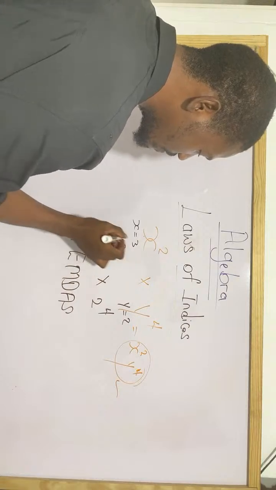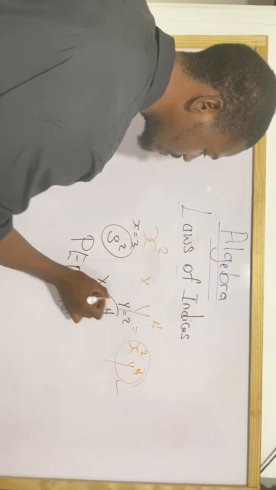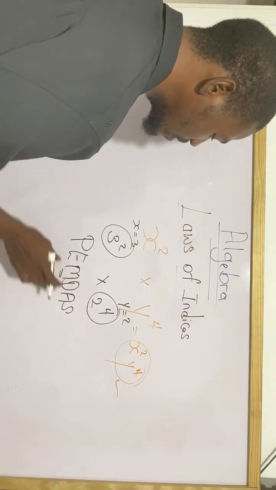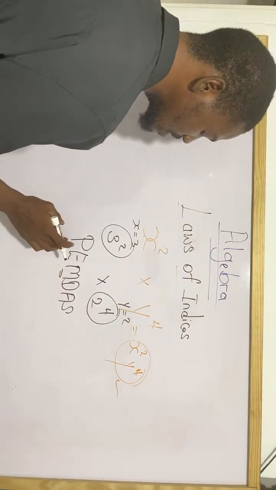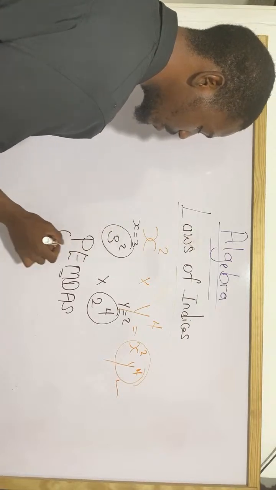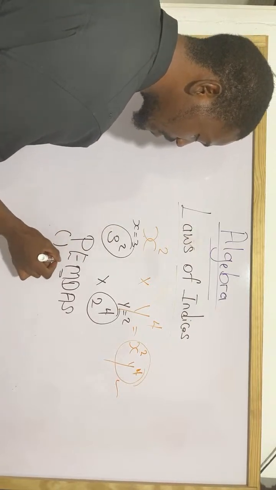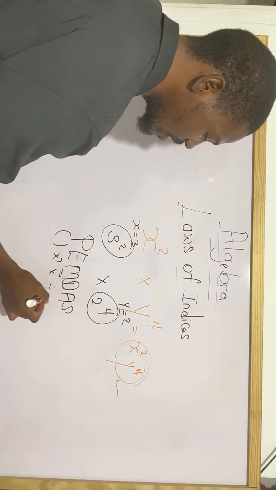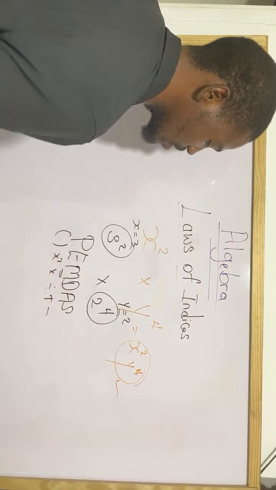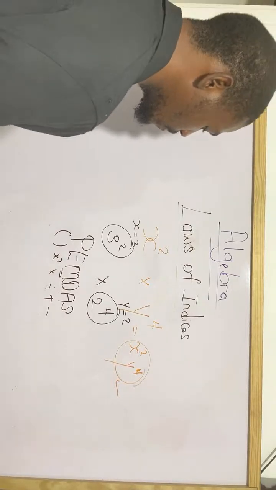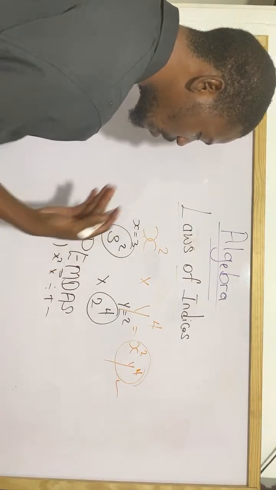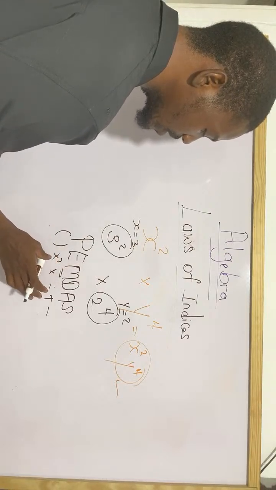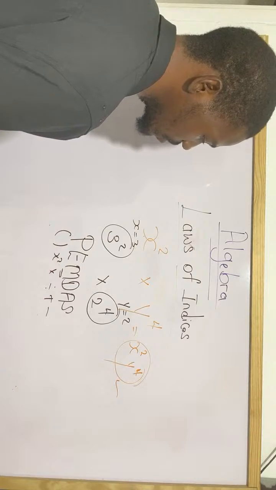We just have to evaluate this first, and then this, and then do our multiplication. What is PEMDAS? PEMDAS refers to parentheses, that would be your brackets. E stands for exponents, M is for multiplication, D is for division, A is for addition, and S is for subtraction. So in the order, x squared is actually done before multiplication, division, addition, or subtraction.